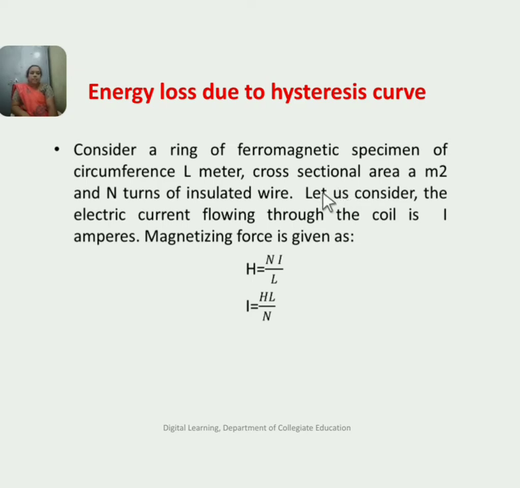Let us consider the electric current flowing through the coil is represented by I, measured in amperes, and the magnetizing force is given by H equal to NI by L. By using this expression, the electric current flowing through the coil is defined as I equal to HL divided by N.